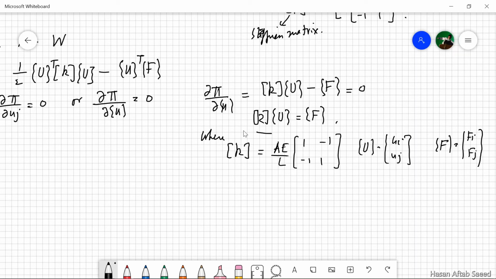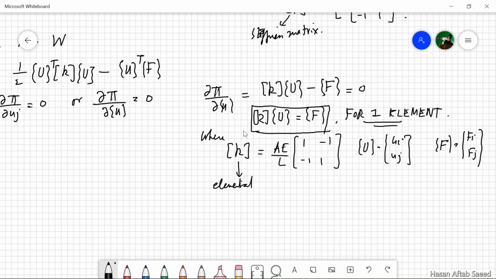This is for one element. This is the general shape of this, and this is called the elemental stiffness matrix. And for this, let's put an E here to tell you.